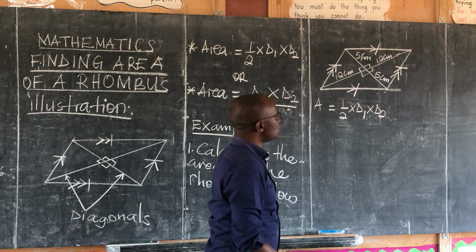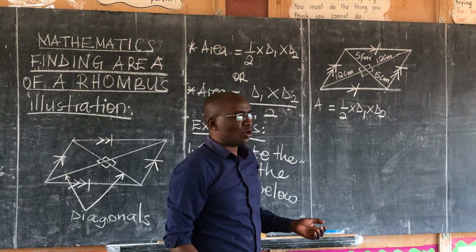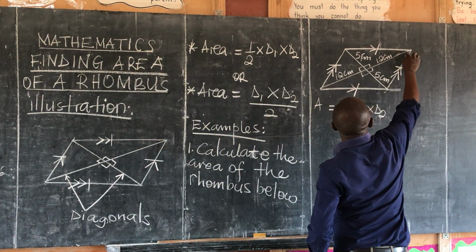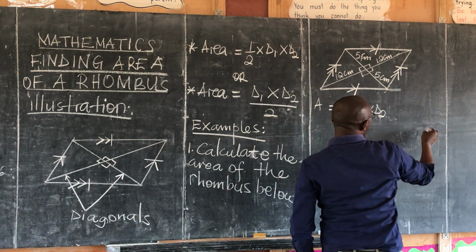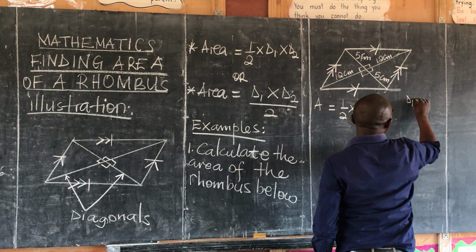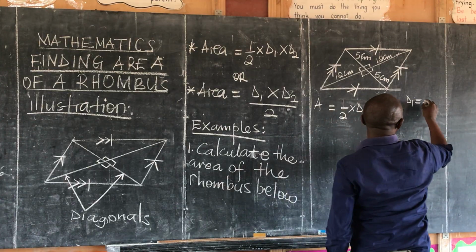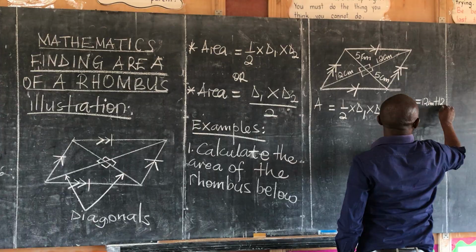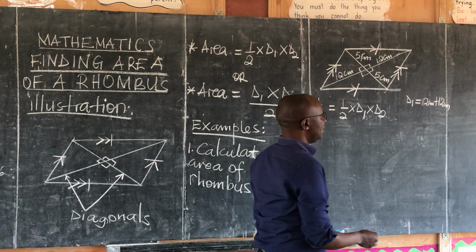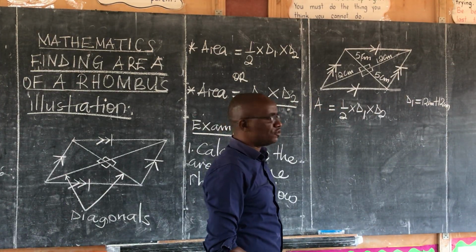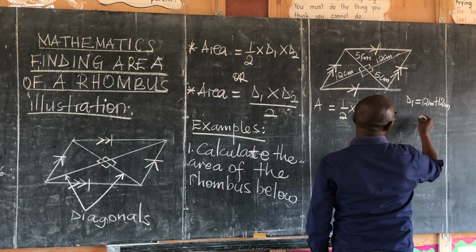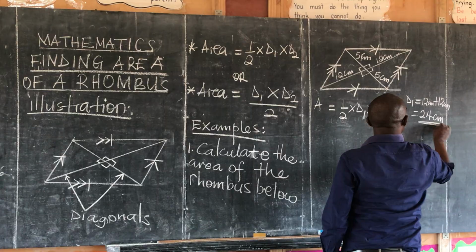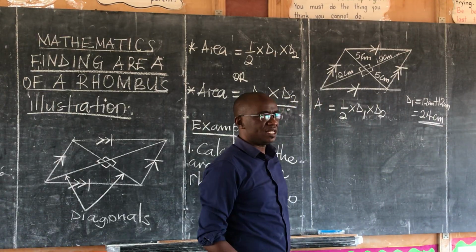What are the diagonals? You can take any to be your diagonal 1. Assuming this one is my diagonal 1, diagonal 1 is equal to 12 centimeters plus 12 centimeters, which is 24 centimeters.